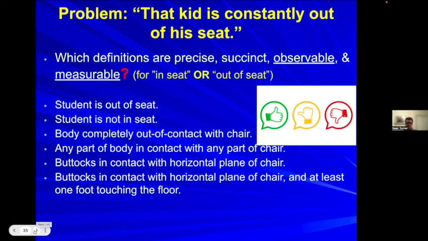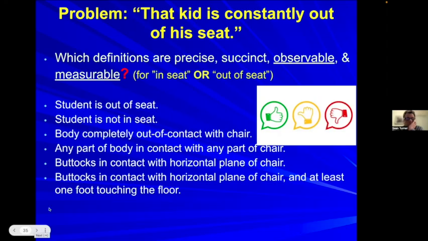So we would reward him for having any part of body in contact with any part of chair. We were just glad to see him not roaming around the room. That was what we meant by in seat that particular week.